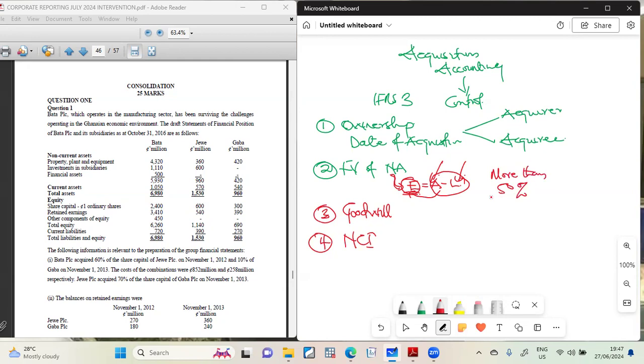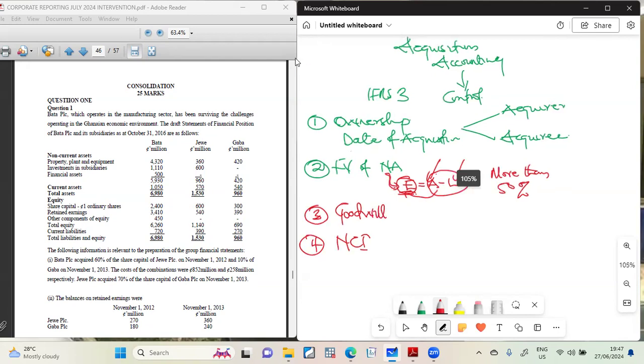So this is what we are going to practice, and this is what consol is about. Each consol that you are doing, that is why you do a workings 1 compulsorily. Let me draw you back a bit. The 50%: is it when you acquire more than 50% or 50% and above?